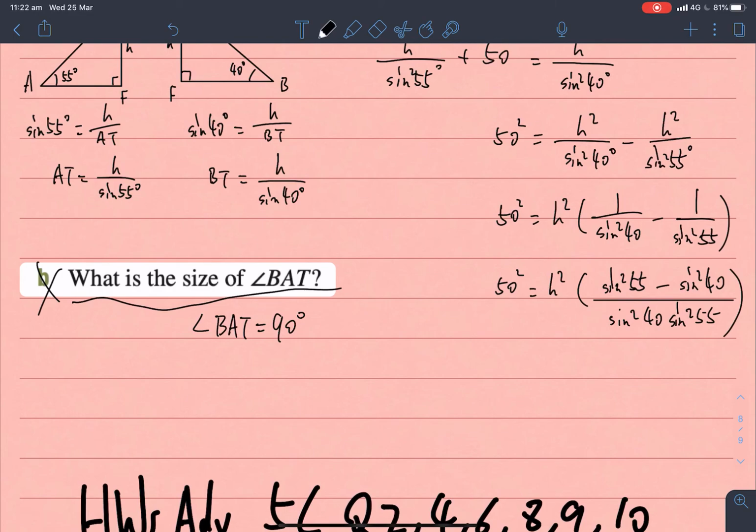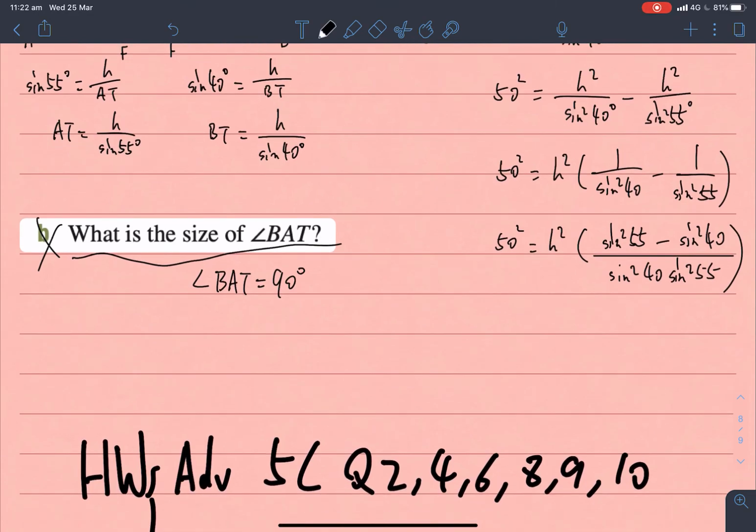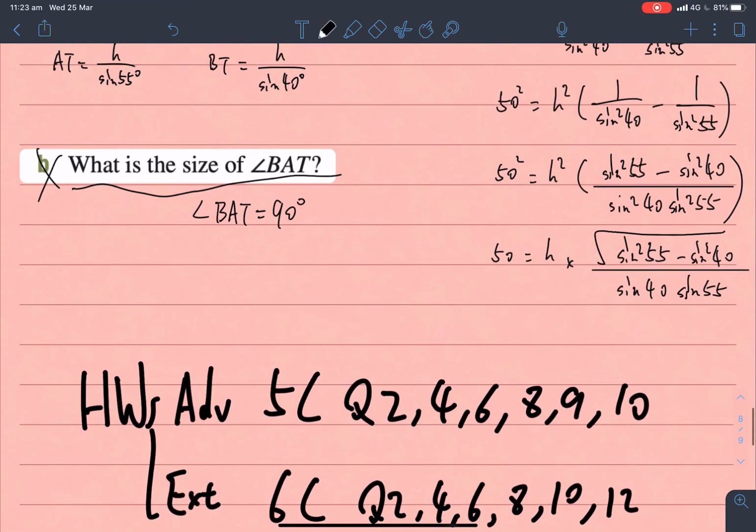Okay. If we square root both sides, we should get 50 equals H times the square root of sine square 55 minus sine square 40 over sine 40 sine 55. We square root every single term.